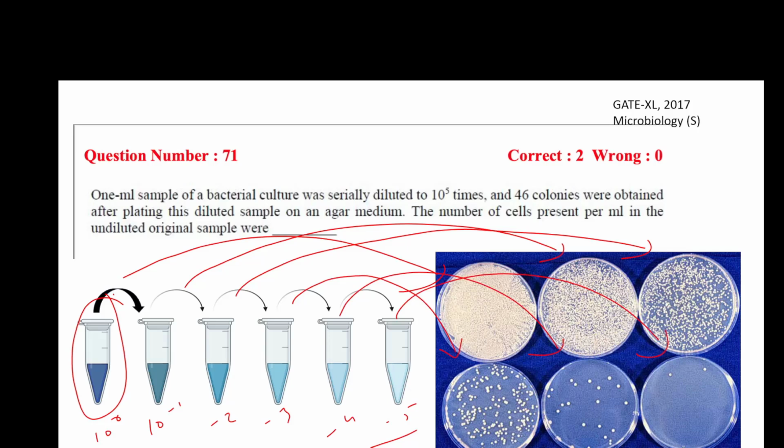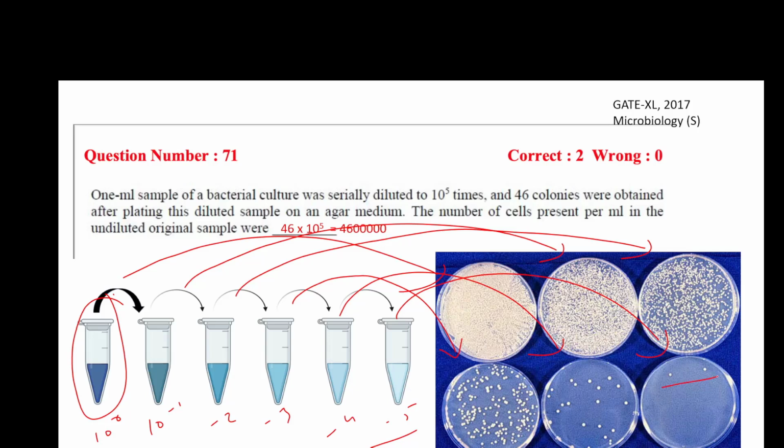Okay, so you got only 2 colonies. Then you can calculate back and get to know how many colonies are present in the original sample. So this is also a way to do the calculation. If you are getting 2 colonies here, that means originally you have 2 into 10 to the power 5.